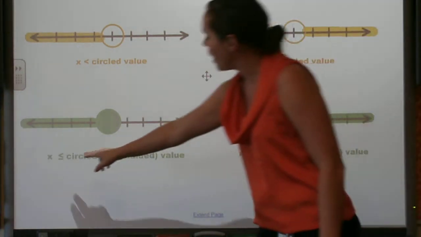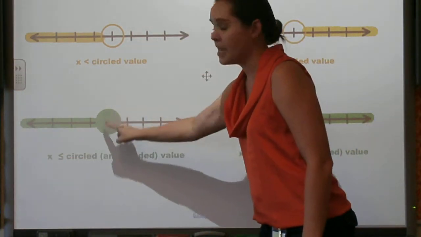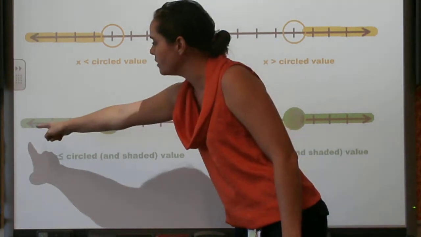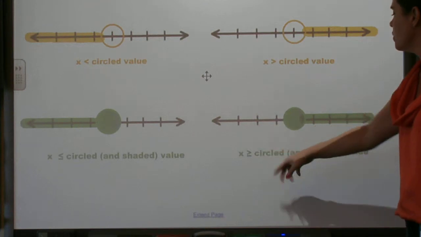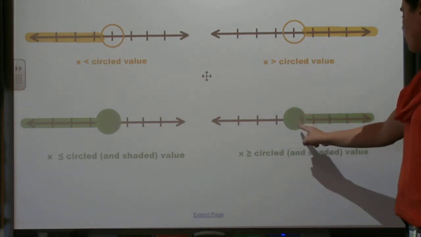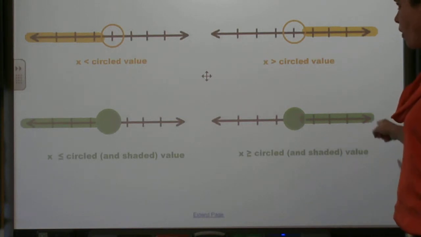If we have a less than or equal to, the circle is shaded and we're coloring to the left. And if we have a greater than or equal to, then our value is circled and shaded, and the number line is shaded to the right.